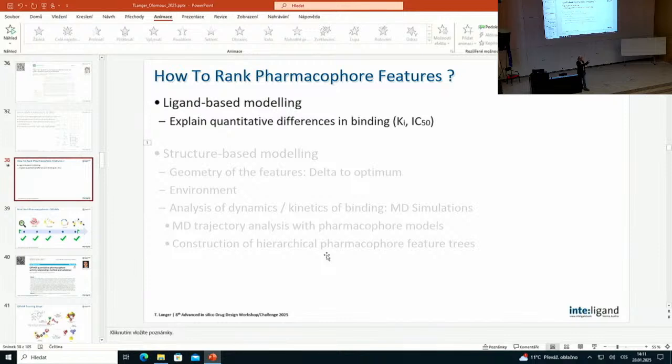Depending on the size of the features, when you make them small, you can be very straight and selective and retrieve less. When you make them a little bit bigger, then of course, if you have a wrong conformation, it will not be good. But with the standard size features, which are 1 angstrom in diameter, we know that we find the bioactive conformation for sure.